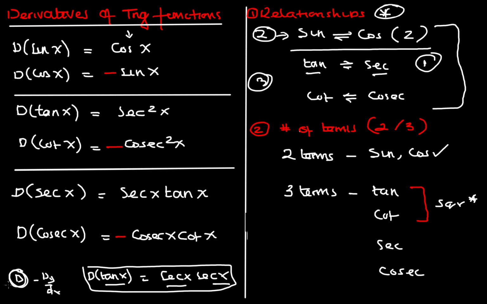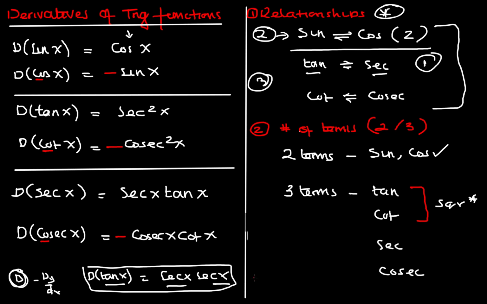So you can see here, this is how I actually want you to remember. Cosec will give you a negative. This one doesn't have co at the beginning. This one will have co, so expect a negative. Okay, this one is cosine. It will have co. It's also going to give you a negative derivative.